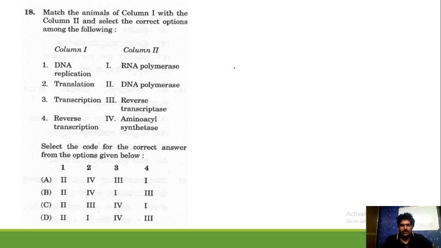Column 1 has the different kinds of replication processes, and column 2 has the enzymes used in those particular processes, one of the enzymes present in each. So let's solve here itself, we don't want to go to the options.